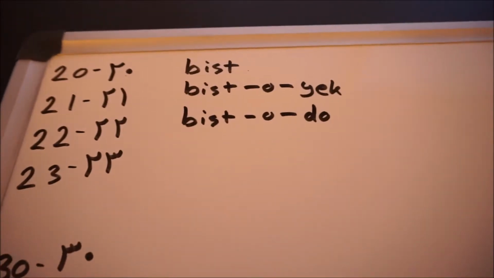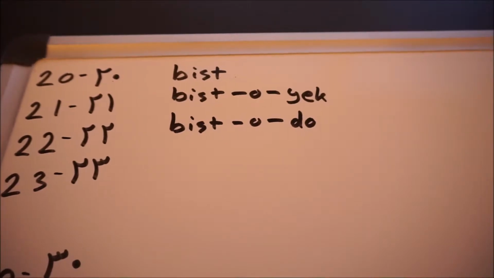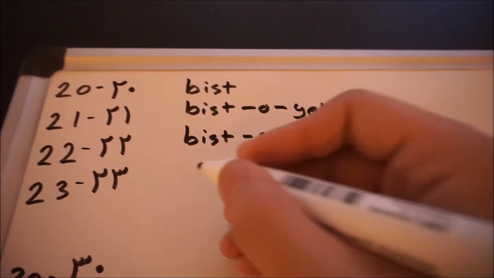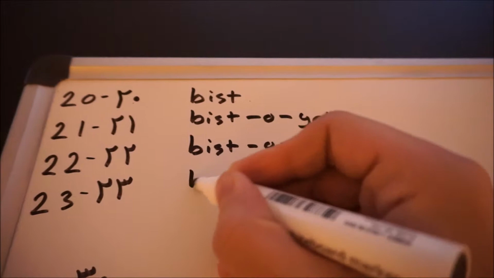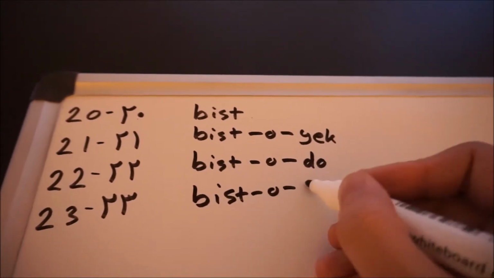I'm not going to go through all of them, just going to start you off here with the first few, because then the pattern becomes very easily discernible. So number 23 here is bist o se.